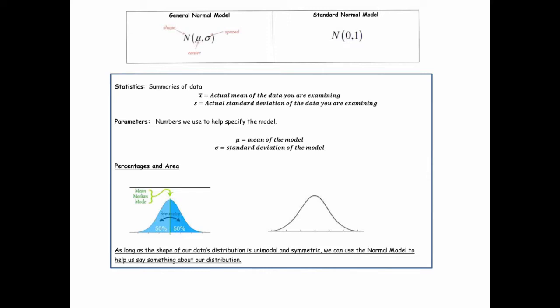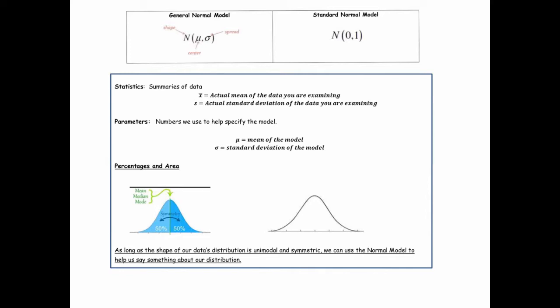Okay. So that's just kind of an abbreviation. That just tells you this distribution of data is normally modeled. That's the center, that's the mean, and that's the standard deviation. And those are really the only two things you need to know to describe the entire population, as it turns out. So those are parameters.